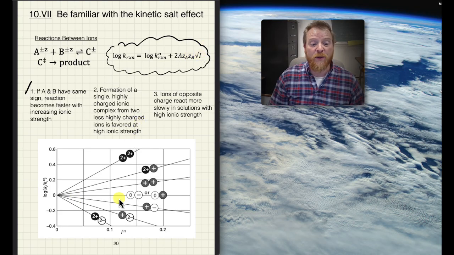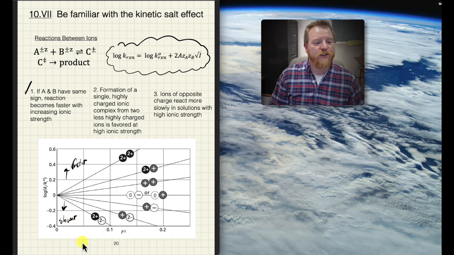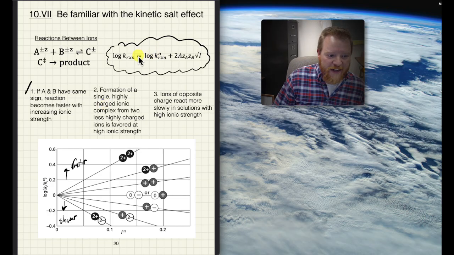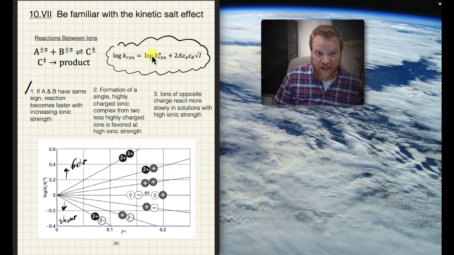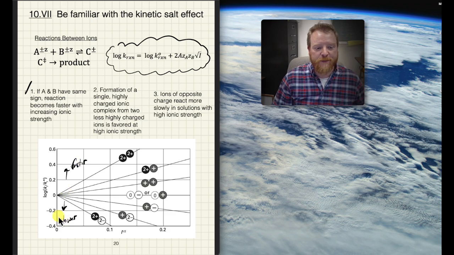You can see that with these graphs here, right? A faster reaction goes up this way, and a slower reaction goes down this way. If we subtract that over and recognize, once again, the subtraction of logs is a ratio, then positive numbers on this graph mean a faster reaction, negative numbers mean a slower reaction.